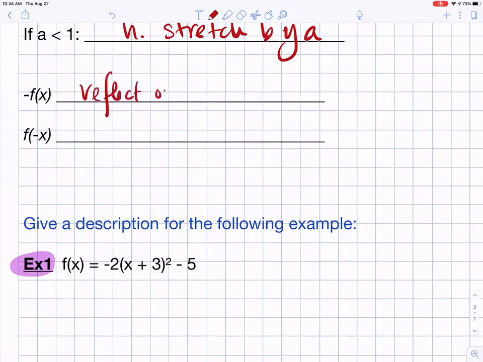Good, reflect over the X. And then when my negative was inside the parent? Yep, reflect over the Y.